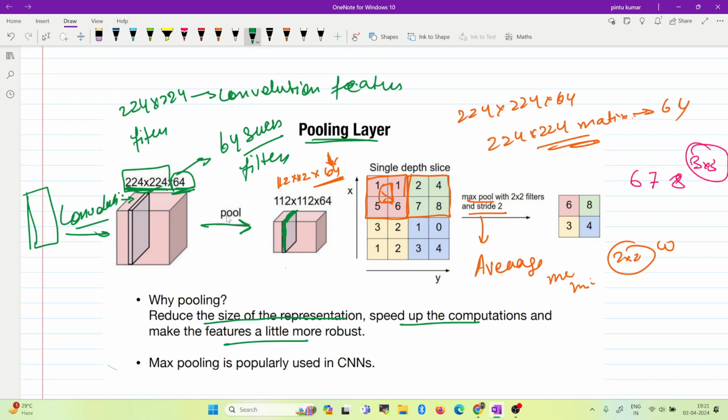Pooling is done after you have done convolution. Whatever the size of your image, from there you obtained a convolved feature of size 224 cross 224, and you used 64 different filters. That's why it is 64. Okay, sir. Thank you, sir.